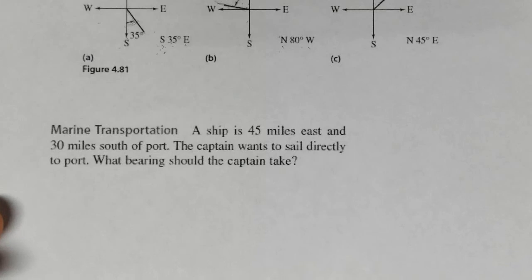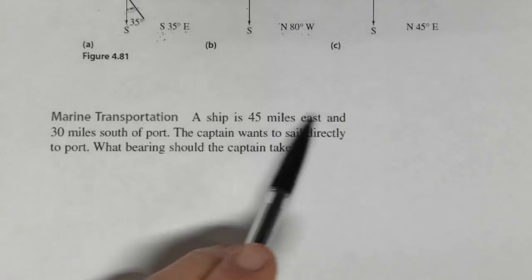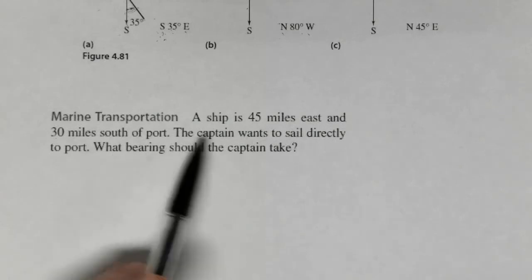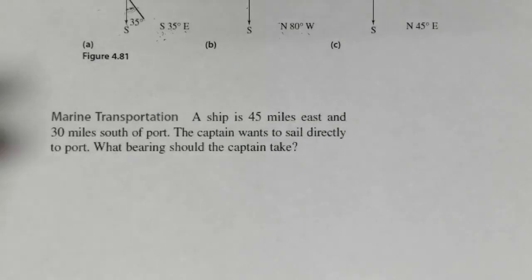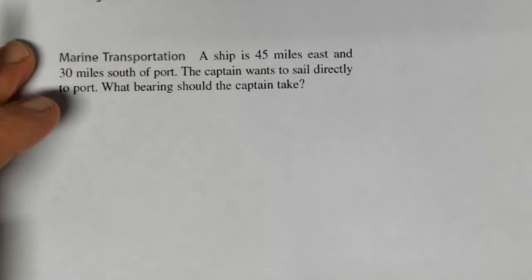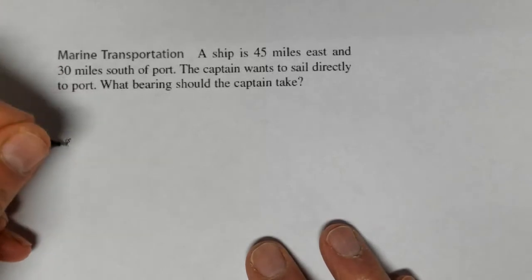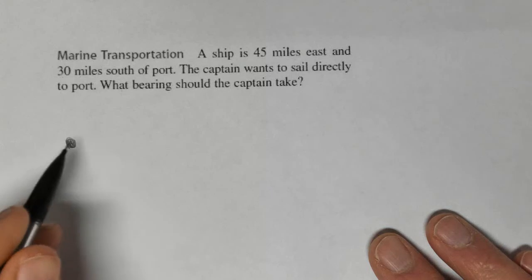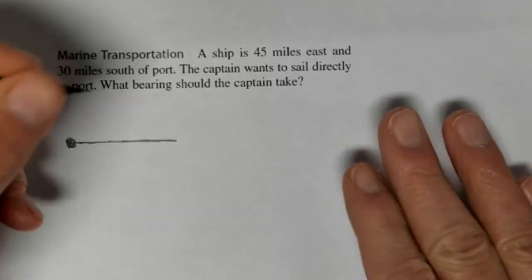All right, so what about a problem we need to look at? On this one it says a ship is 45 miles east and 30 miles south of a port. The captain wants to sail directly to the port. What bearing should he take? If there's no picture, it's always helpful to draw one first. So here's the port. The ship is 45 miles east, so east is this direction, 45.